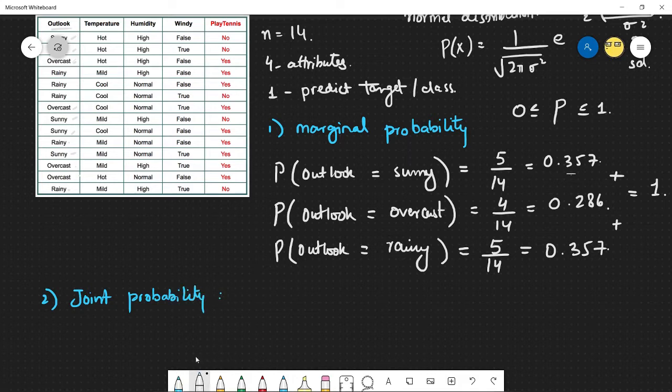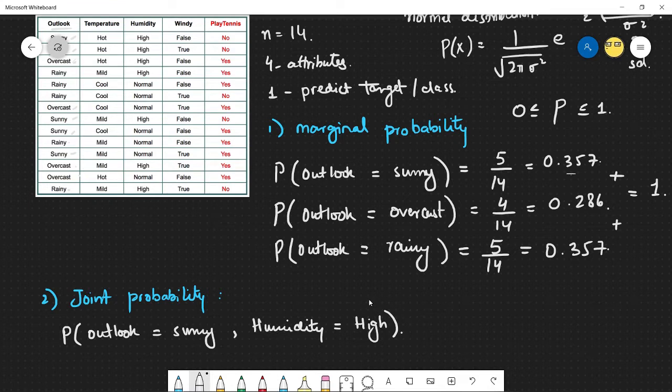I will say the probability of outlook is sunny, and, where the comma designates an and, humidity is high. So what was the probability of the event that the outlook was sunny and the humidity was high?